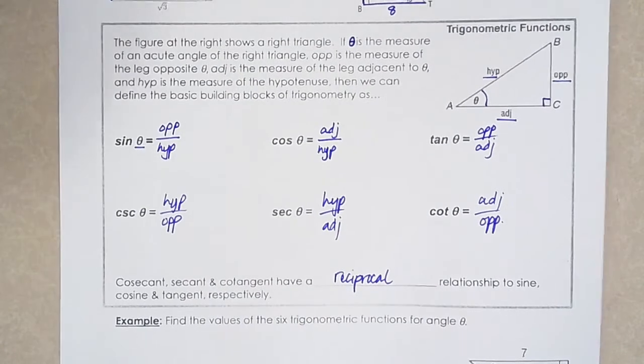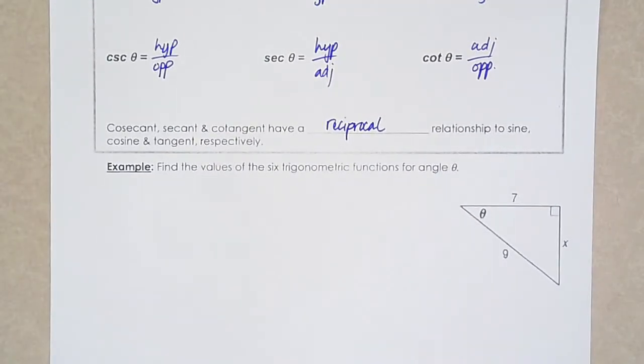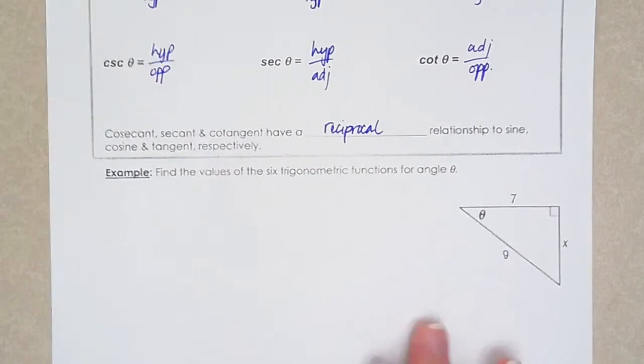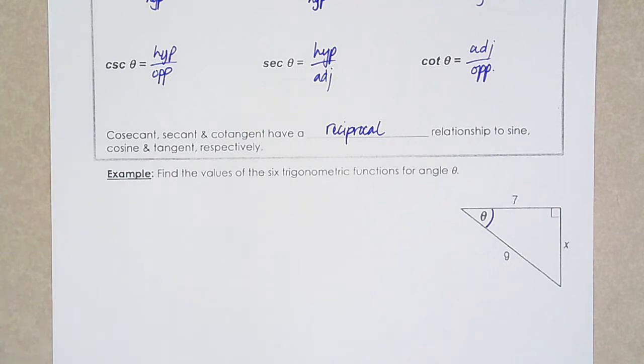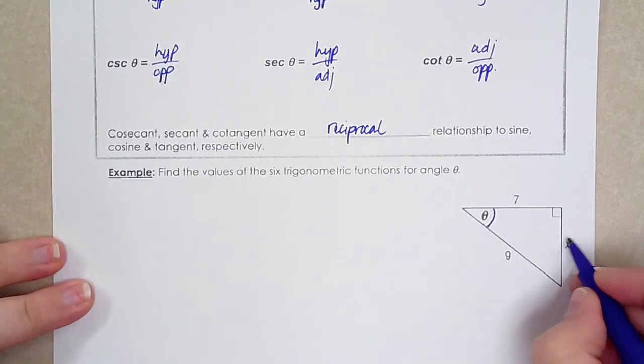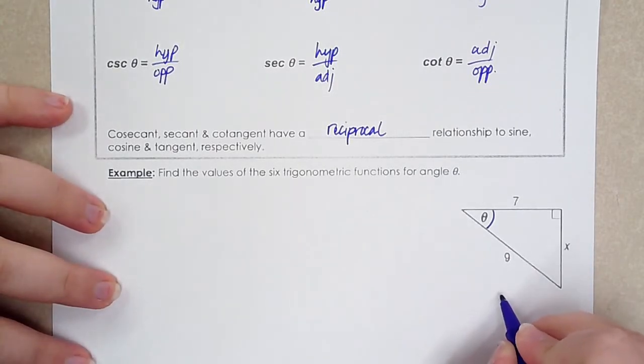So let's see an example of these. If I ask you to find the values of the 6 trigonometric functions, what I just mentioned, for angle theta, the first thing we notice is that we don't have all 3 sides. I could find the ratios with x, but it wouldn't be complete. Fortunately, I have that Pythagorean theorem from earlier, and I'm going to use that here.